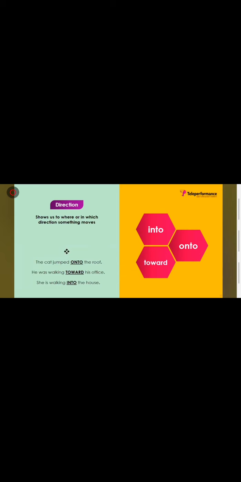Okay, and let me give you some examples of when the prepositions of direction are being used. So for our examples, we have into. We can use into the house, into the water, into the fire, into the microphone, into the sun, because the direction is towards the house, the water, the fire, but I hope not that you get yourselves burned.